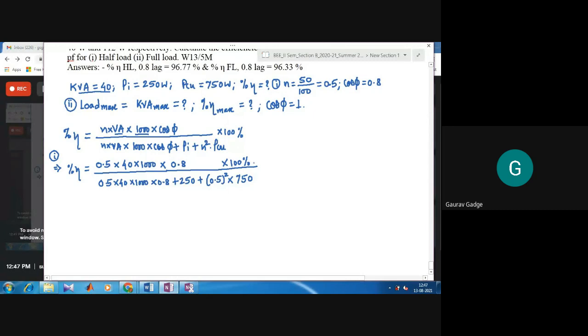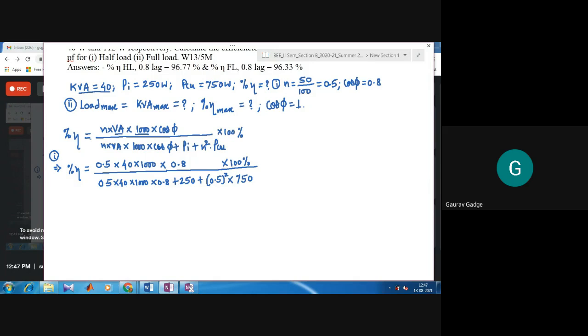So guys, you have to put these particular values in the calculator, in the equation. I think all of you know how to use a calculator, right? So what to do in the calculator? Take the fraction key. Feed the value 0.5 into 40 into 1000 multiplied by 0.8. Over there only write down 100; there is no percentage sign required.